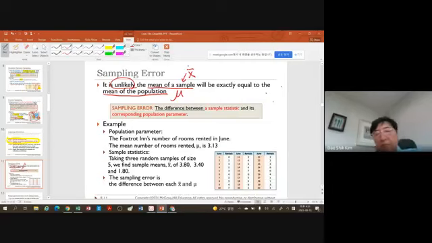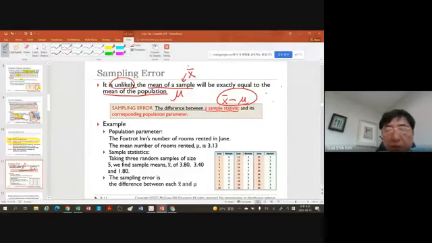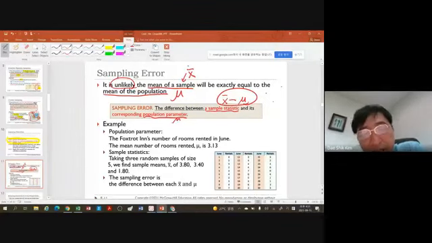Yeah, maybe, but it's a very special case. In most cases, it will be different. The difference between sample statistic x bar minus mu, the corresponding population parameter, is a sampling error.